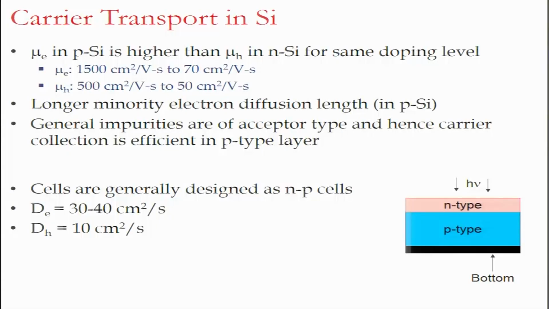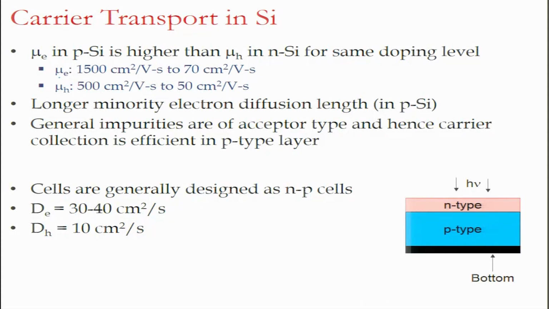If you look at carrier transport in silicon, the mobility of electrons in P silicon is higher compared to holes in N silicon for the same doping level.